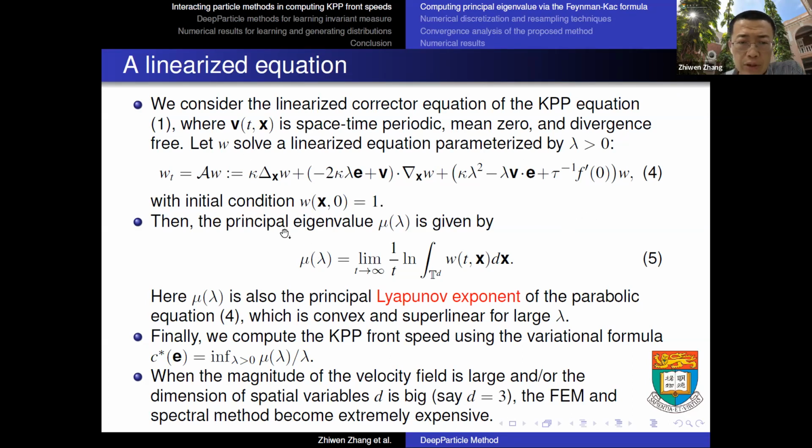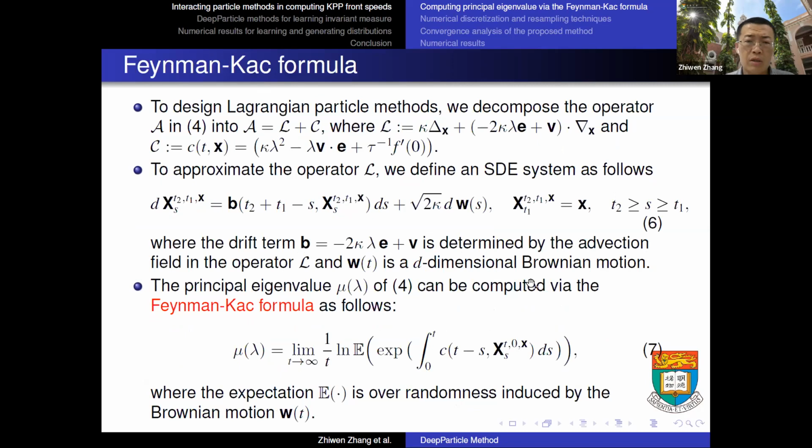Then this principal eigenvalue is given by this formula, which is actually the Lyapunov exponent of this parabolic operator. As I mentioned before, if you solve this problem by FEM, when kappa is small or when d is 3, this becomes expensive. So we need to design other methods. How do we develop a particle method?